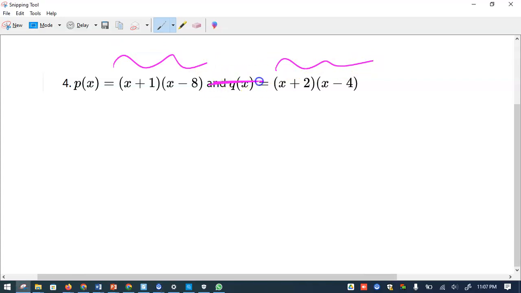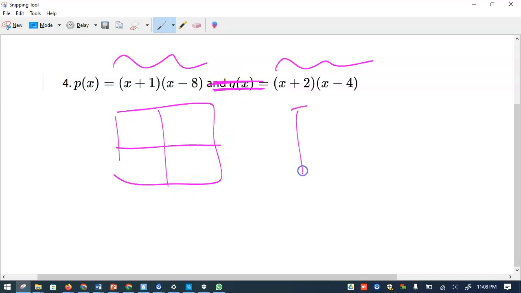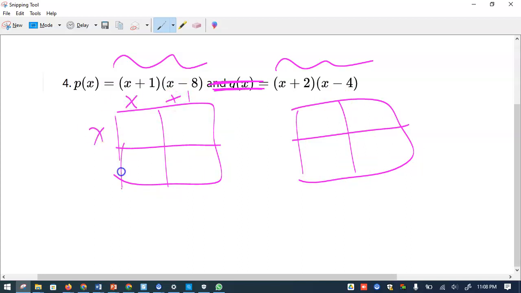First step is put them equal and use the box here. Quickly, you can make a box for each one of them. So this will be x plus 1 and x minus 8. And this x plus 2 you put right here, and the other one is x minus 4. So x and x is x squared. Then this x and this one will be 1x.